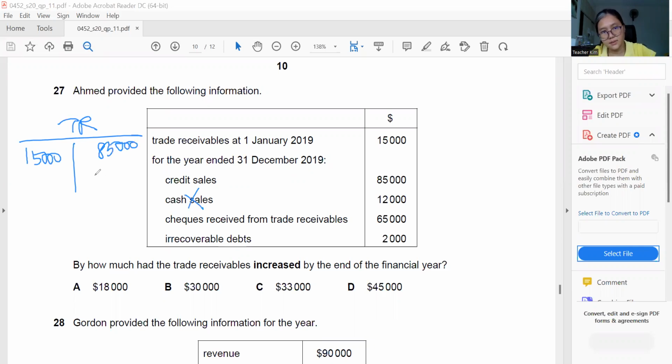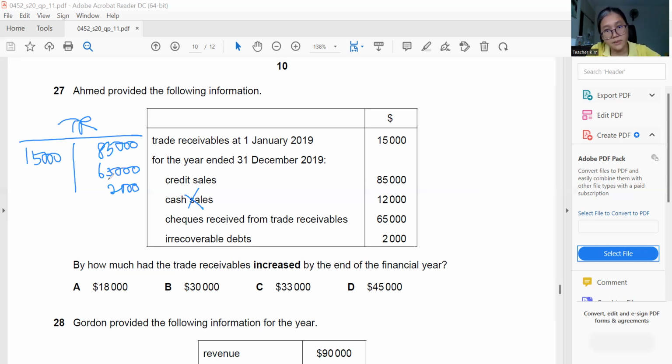Cheques received from customers, 65,000. Irrecoverable debt, 2,000. So on the debit and credit side, you must be very clear, then it's easier for you to tackle the question.